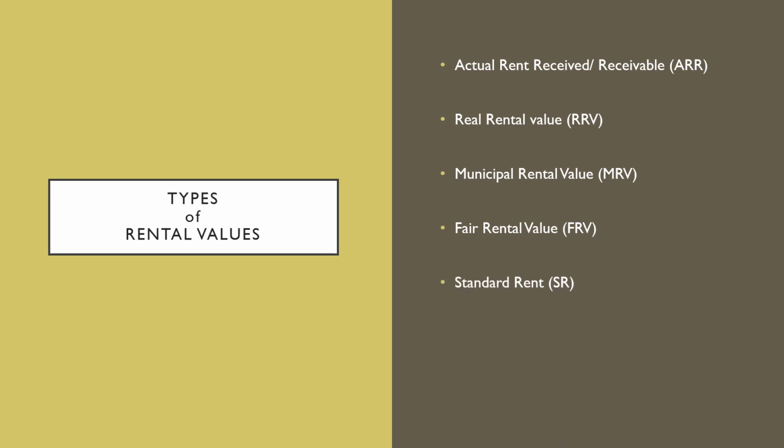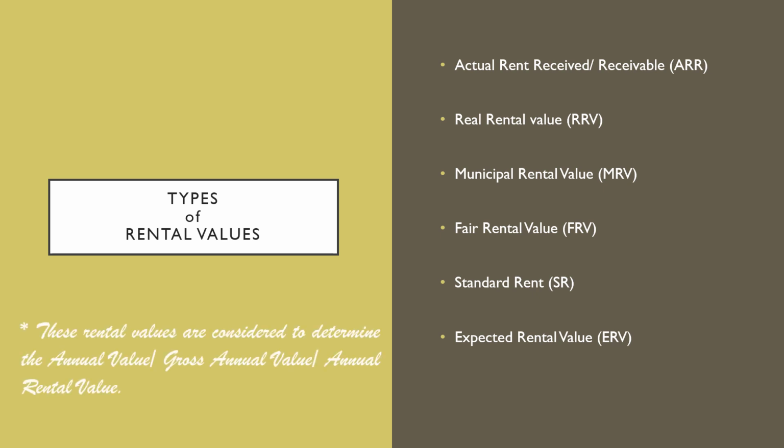Standard rent or SR, it is a rent fixed under the Rent Control Act. ERV, this we will look into when we understand an illustration. These rental values are considered to determine the annual value or the gross annual value or the annual rental value.